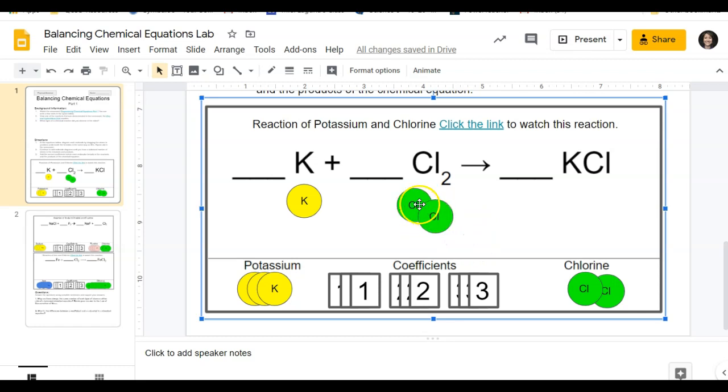They are chemically bonded together, so I'm going to put them so they're attached to each other. This is a covalent bond. We learned about covalent bonds in our last lab. Now the arrow means equals, so I can go ahead and write an equal sign there so that I remember that what goes on this side of the equation has to match this side of the equation when I'm done.